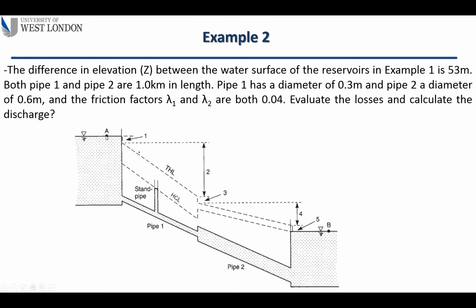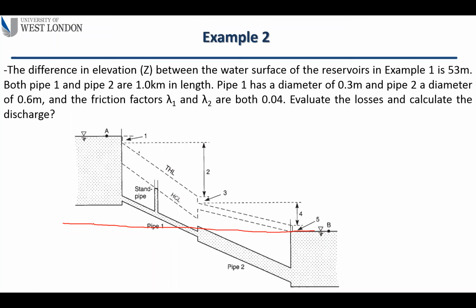So the pressure head is atmospheric, which is 0, and the velocity head for both points exactly at the water surface is 0. If the elevation reference line is chosen exactly at the water surface of the low reservoir, I can draw the line here.